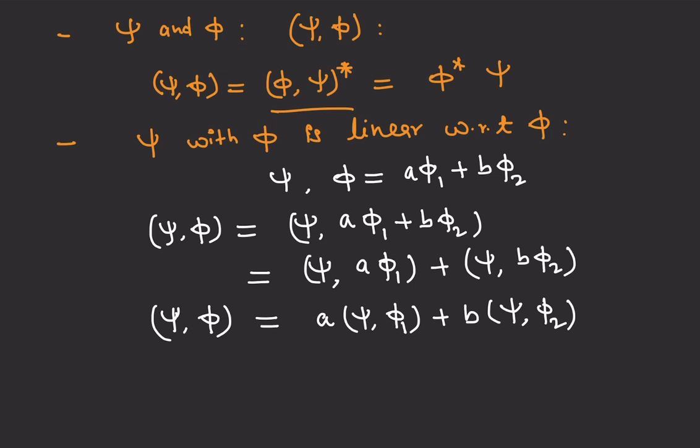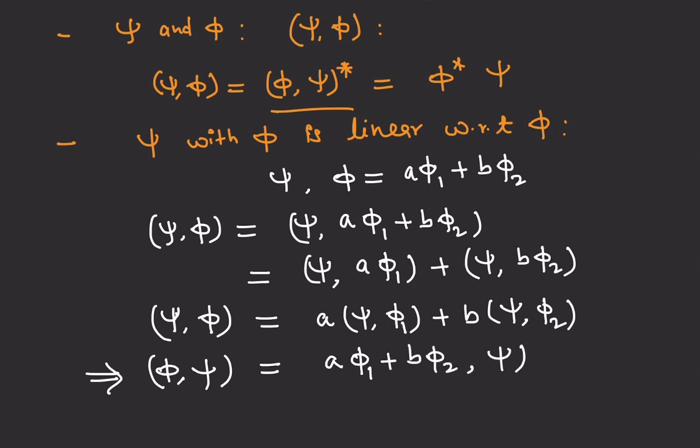So we get the scalar product as linear. But if we take the scalar product of a phi 1 plus b phi 2 with psi, it can be written as a star times the scalar product of phi 1 with psi plus b star times the scalar product of phi 2 with psi.